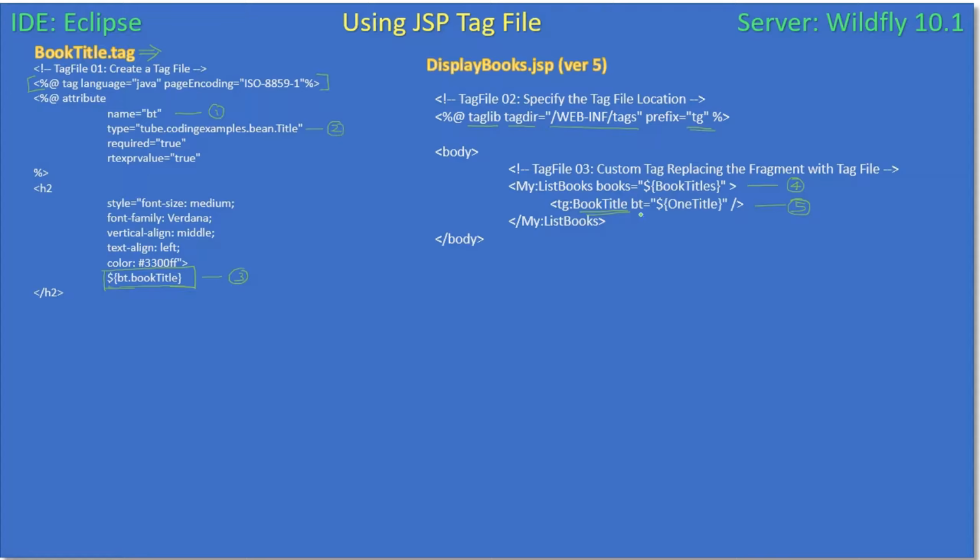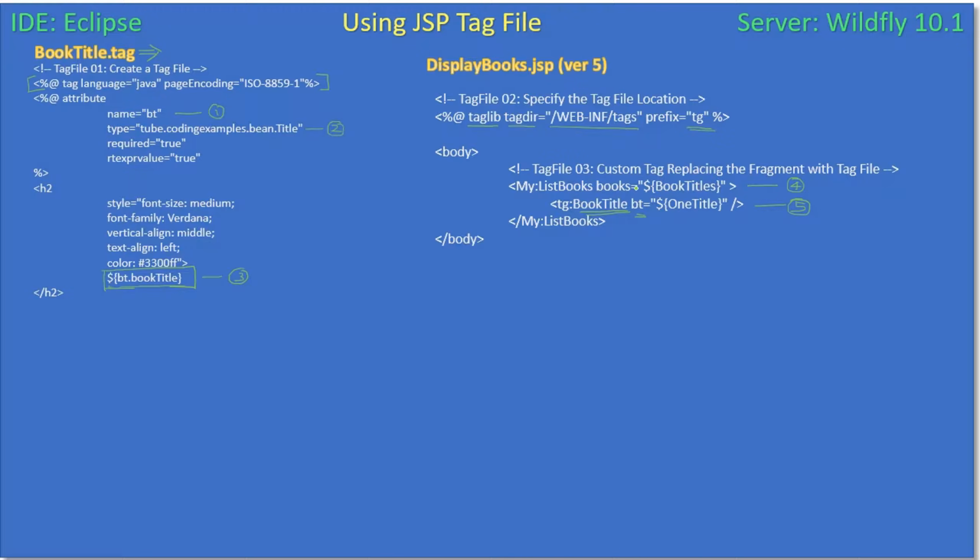Alright, next, bt is the attribute. Now we are using that bt attribute, and the bt attribute will receive a type, a single bean, tube.codingexample.bean.title. Whereas this book's type is an array list from the util package.